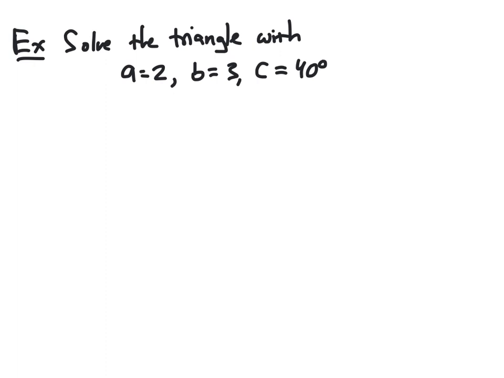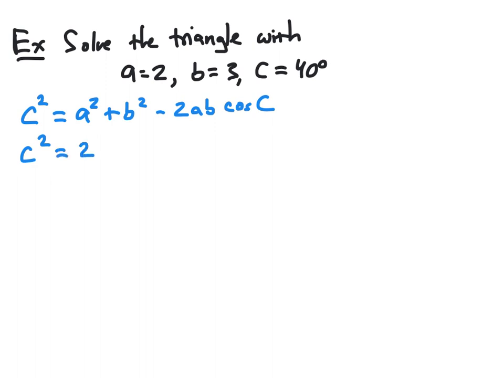Because I know side length A and B, one of the things that we should find right away is the side length C. So we're going to take the version of the law of cosines that is solved for C squared. That's equal to A squared plus B squared minus 2AB cosine of angle C. We can substitute all of our given values into this.